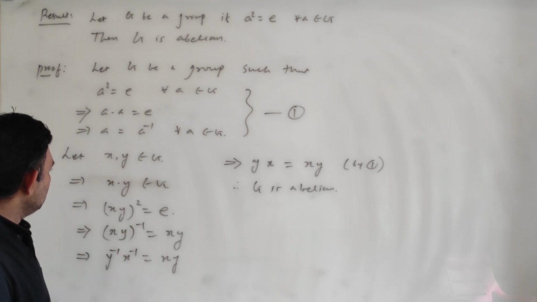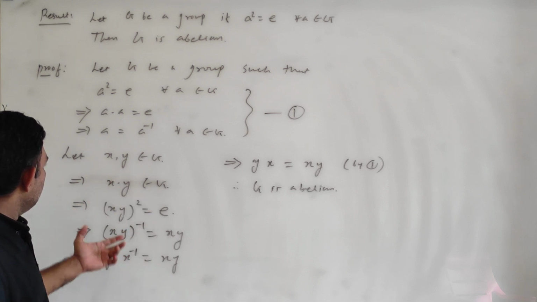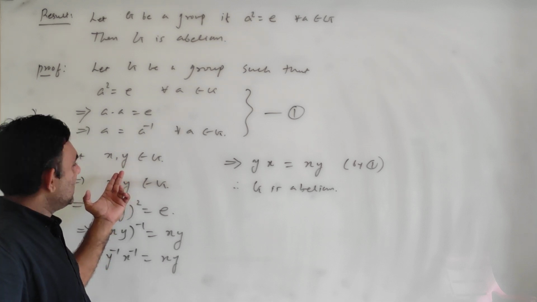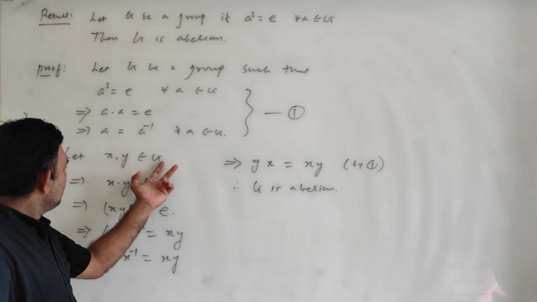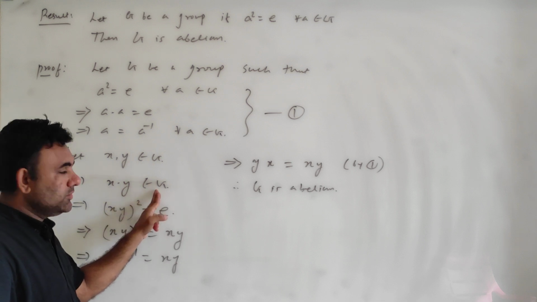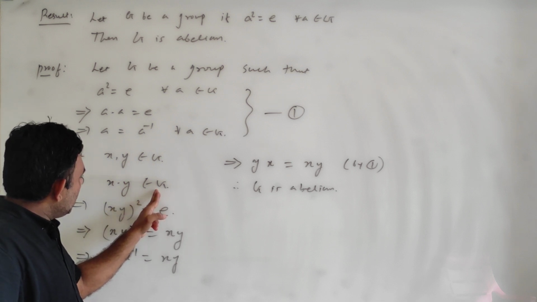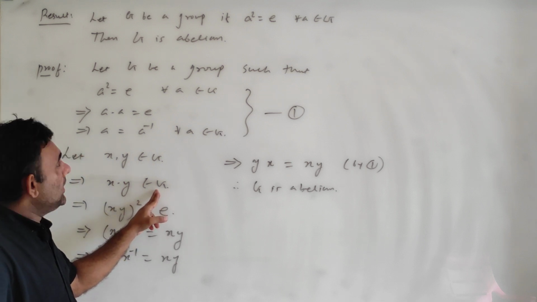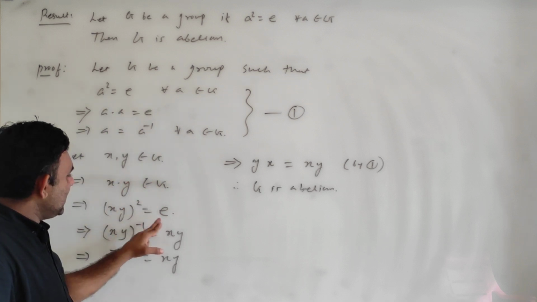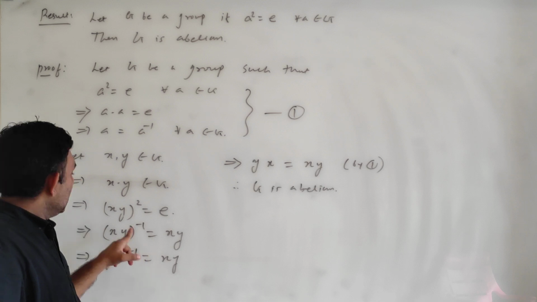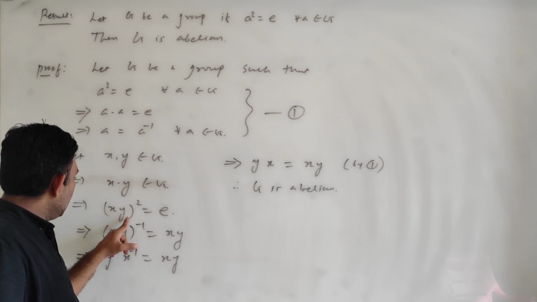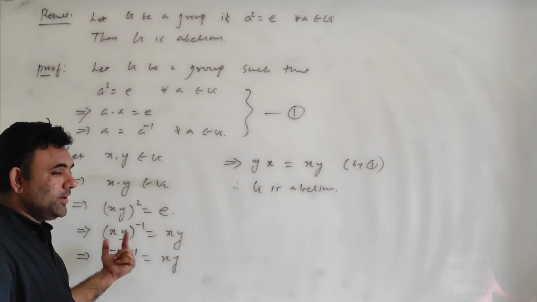Yes, so this is a nice argument. Let me recall this argument once again. You start with any two elements from G, then the product is also in G. But for any element of the group, I have this information, its square is identity, which means that element, xy, is self-invertible.